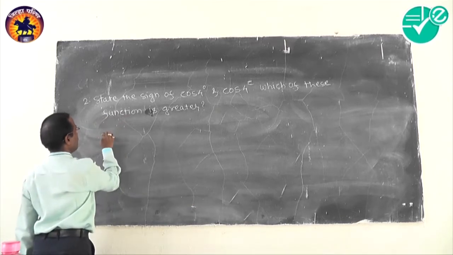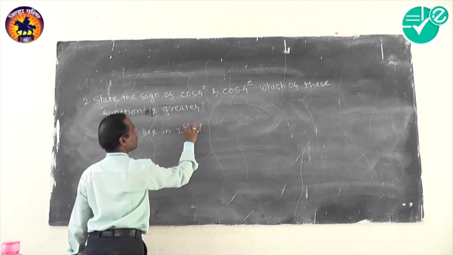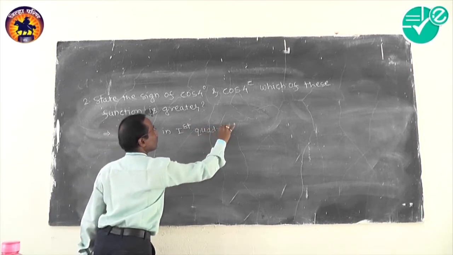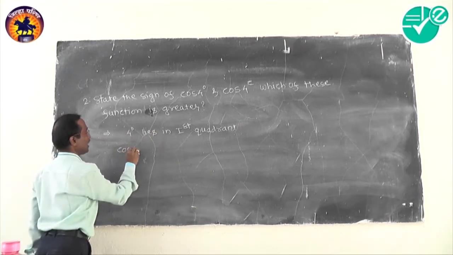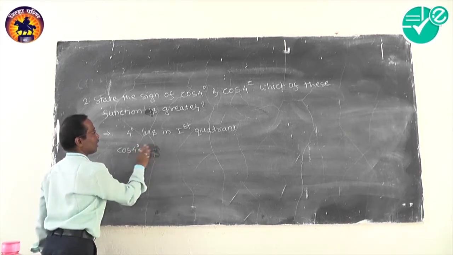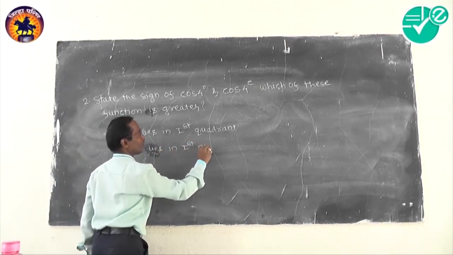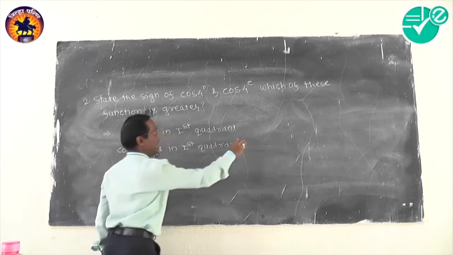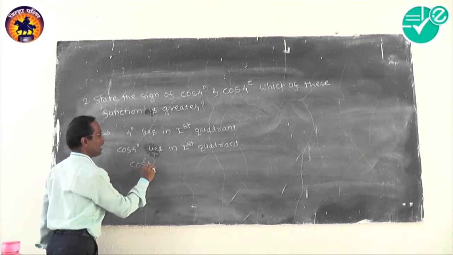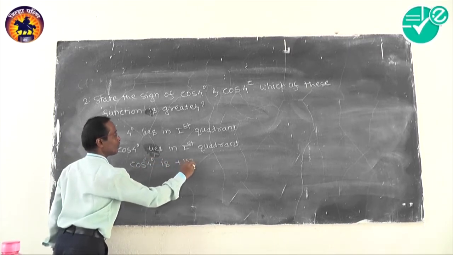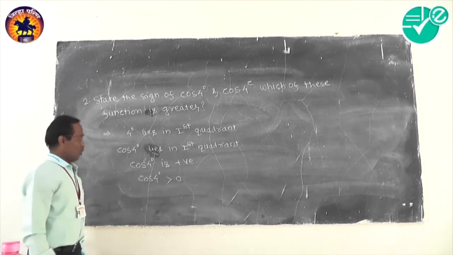Here, 4 degree lies in first quadrant. 4 degree lies in first quadrant means cos 4 degree lies in first quadrant, and in first quadrant cos is positive, therefore cos 4 degree is positive, means cos 4 degree is greater than 0.